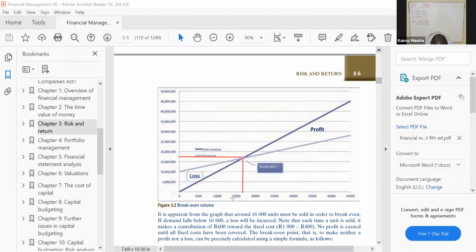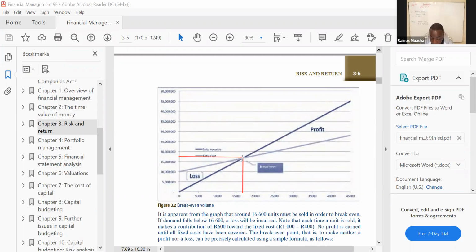The estimated number of units we need to sell in this case for us to break even is 16,667, which is between 15,000 and 20,000. At the same time, the total sales revenue that we need to generate is about 16,667,000, which is also between 15 million and 20 million. So this is basically our break-even point, the point where we neither make a profit nor a loss.